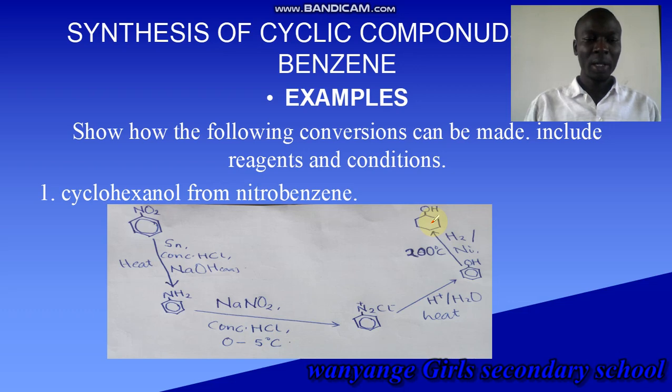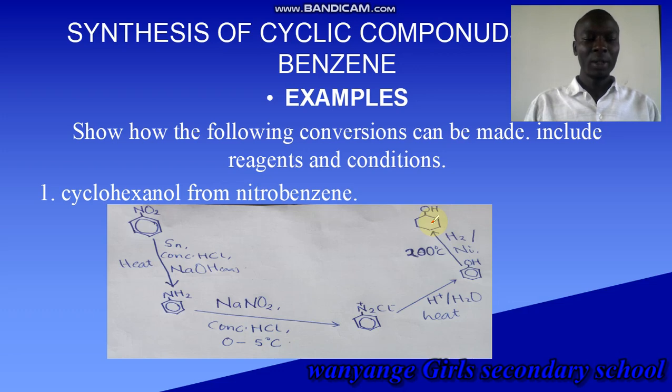Then two, to convert the benzene ring to a saturated cyclic compound. But we know the solution to two. We know that to remove that ring inside the benzene ring, we simply have to hydrogenate. So that is sorted. But how do we convert the nitro group to OH group? That is what we should tackle first.